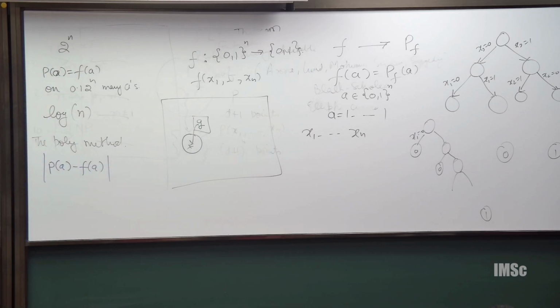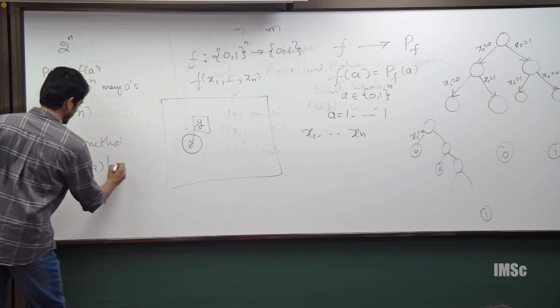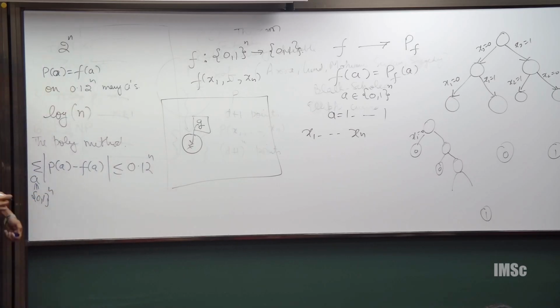So I will see how far apart they are as real numbers, and I will sum it up over all Boolean points. I will sum up all these absolute differences. So P might not be correct on any of the points, but what I want is that this number should be, say, 0.1 times 2 to the n. I could ask about this.